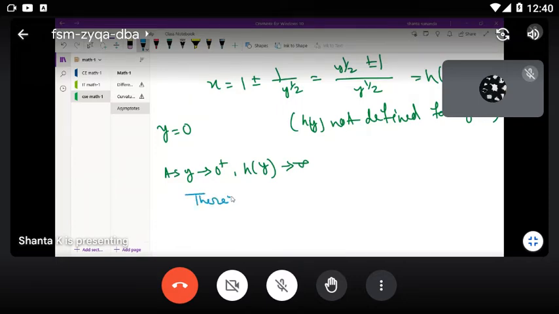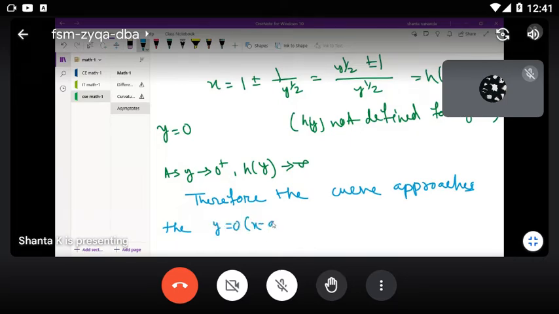So therefore the curve approaches y equals 0, that is the x-axis, to the opposite ends, not from the opposite sides, only from one side, because the other side is not defined.